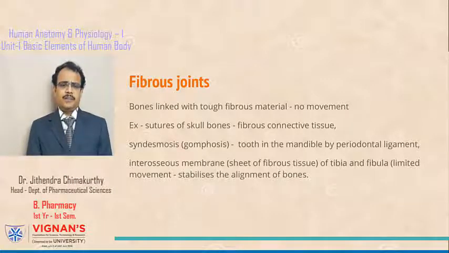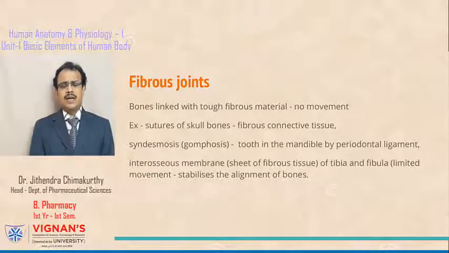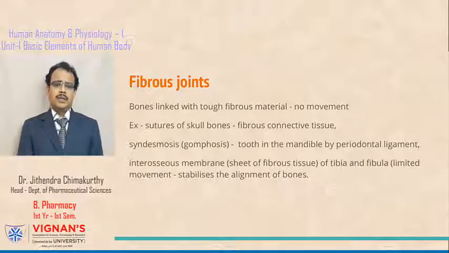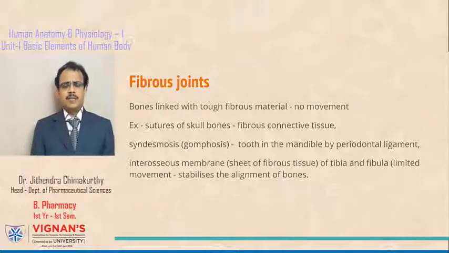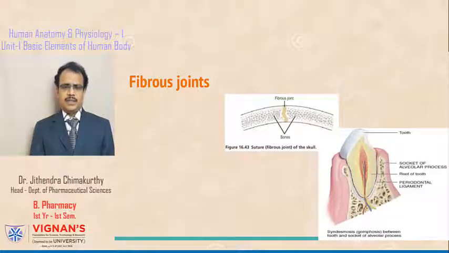In the same way the teeth are also attached to the alveolar ridges of the jaw bones by a periodontal ligament, and this is also an immobile type of joint.